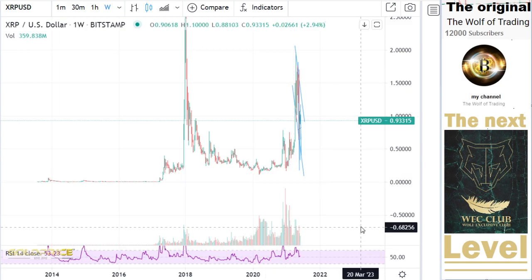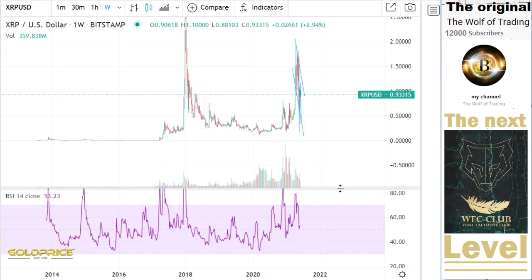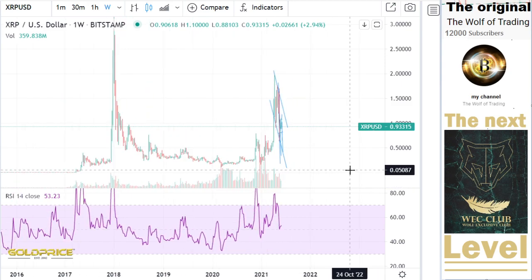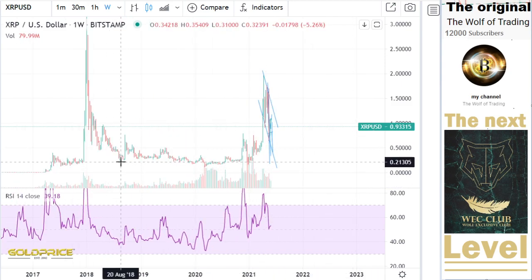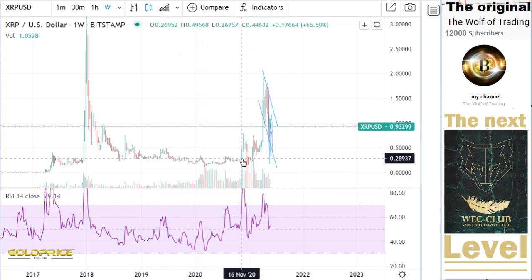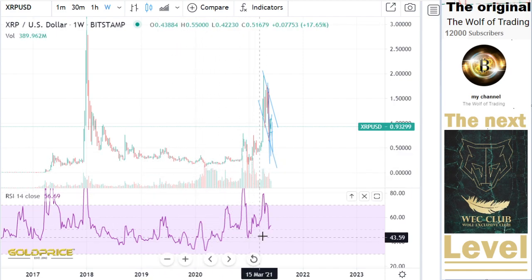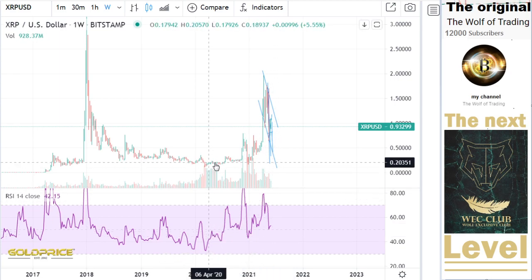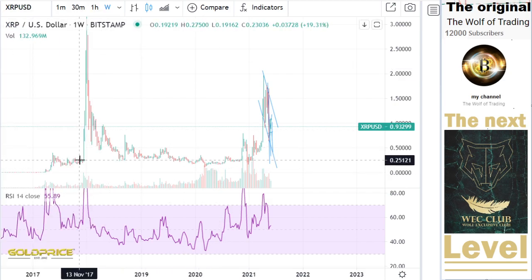XRP has a really confused chart here. So I think this is a good base. I would say this is a good base here. This is at 20 cent.